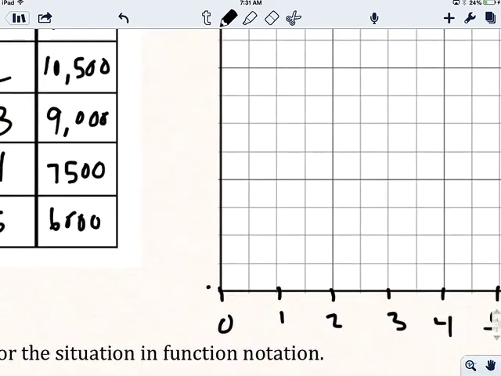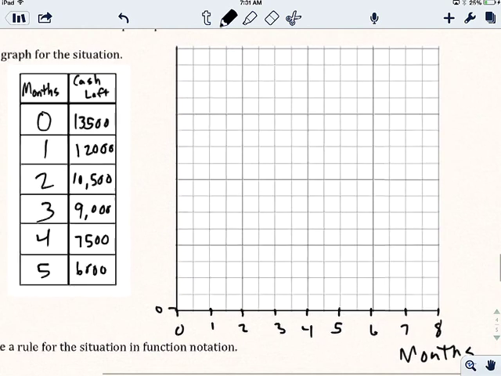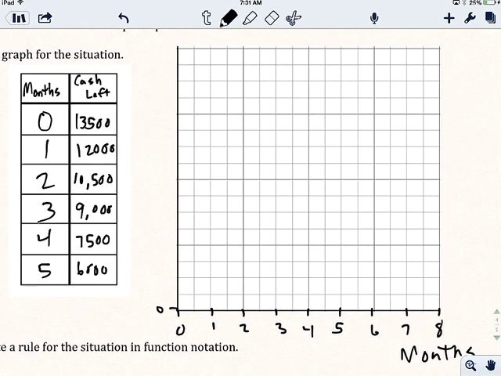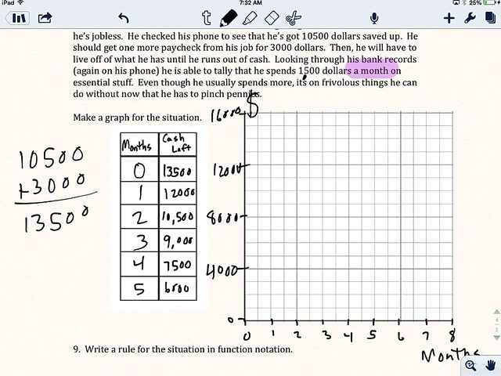And now I'm looking at 0, and I need to get all the way up to 13,500. So I think what I'll do is I'll count by 1,000, so that would make this 4,000. Then I'll make this 8,000, 12,000, and this is 16,000, which is higher than we have, but that's okay. And I'll label this as dollars.